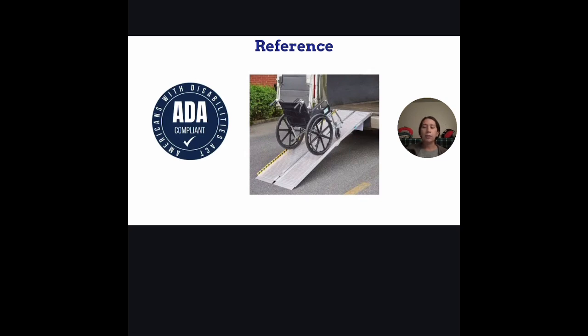For every 1 inch of rise, there should be 12 inches of ramp length to ensure safety. Really, this example further emphasizes that acceleration is not dependent on mass, but rather the angle.